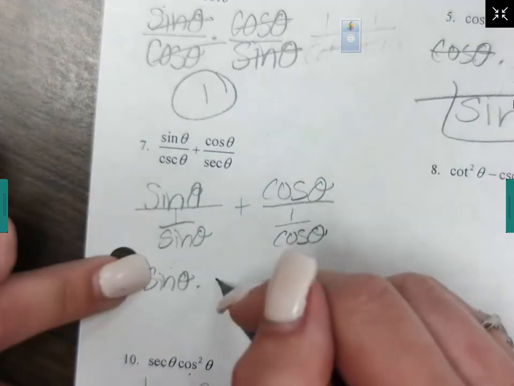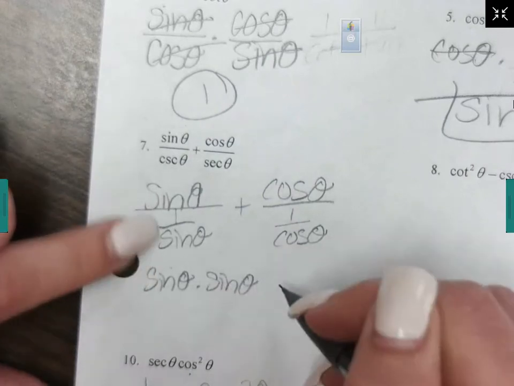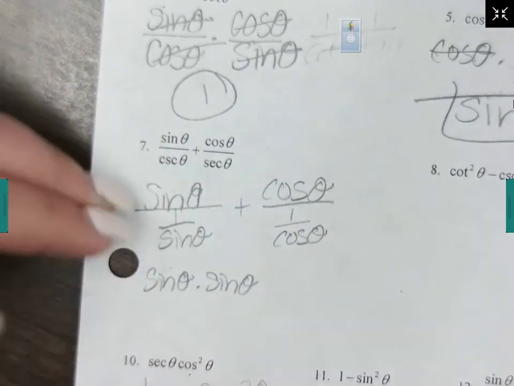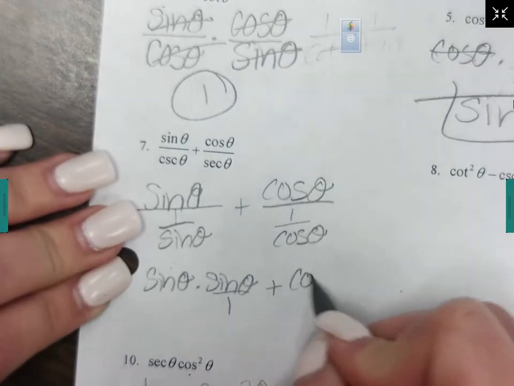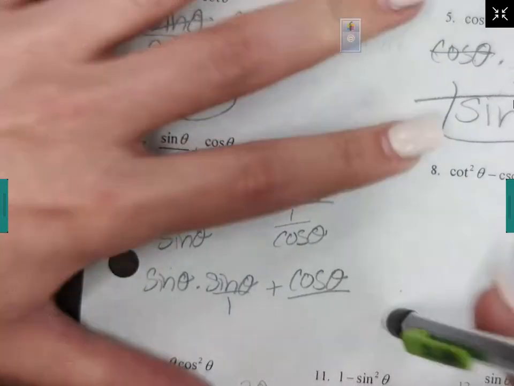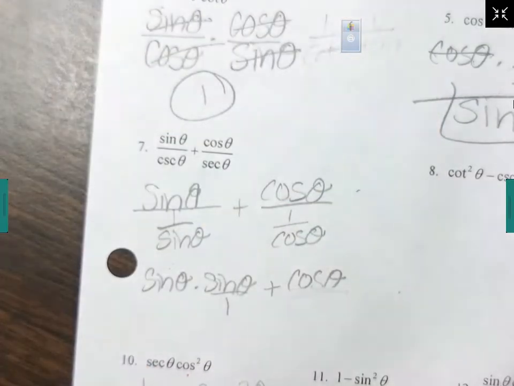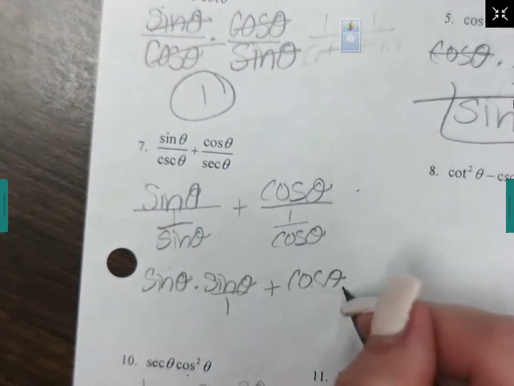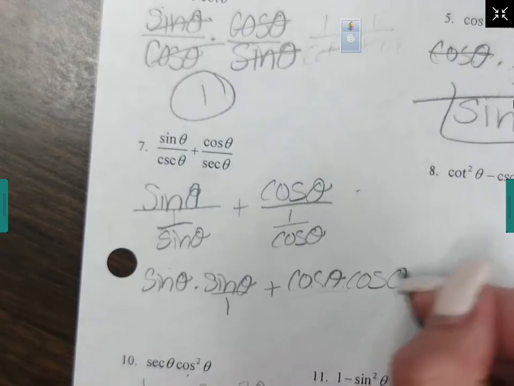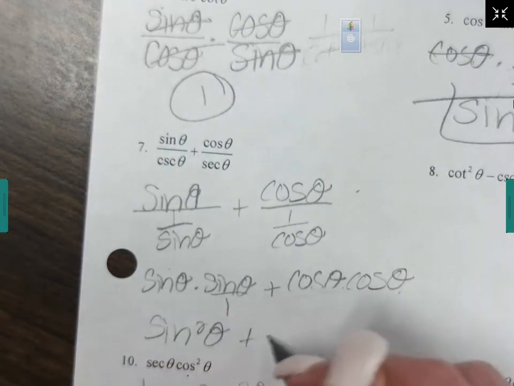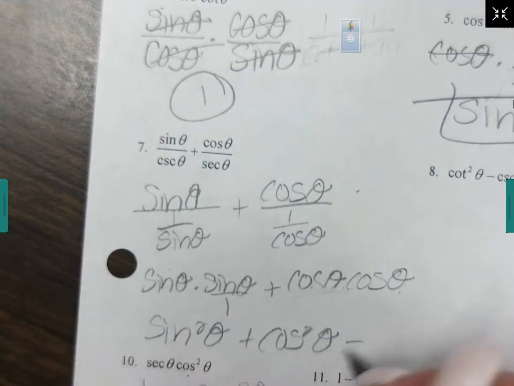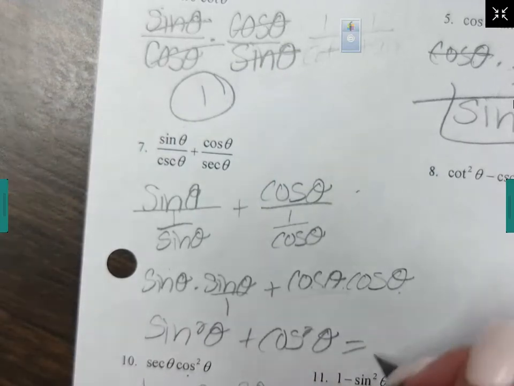So it's sine of theta times sine of theta, because it's not 1 over sine of theta, but the reciprocal of that, which is sine of theta over 1, plus cosine of theta. And what's the reciprocal of 1 over the cosine of theta, Griffin? Cosine of theta over 1. Are you now seeing what's happening here? So that gives us sine squared of theta plus cosine squared of theta, which we should know in our sleep is 1.